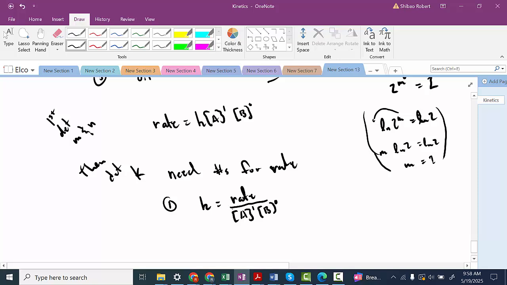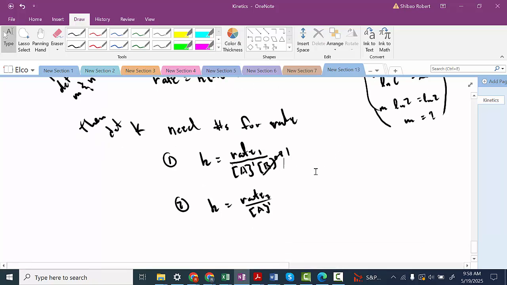So this is just rate over A1, and so this is going to be rate 1. All the K should come out the same because it's the same reaction, and so this K from data from 2 should be the same as the K from data from 1. So this is going to be rate 2 over A to the first. B to the 0th is just 1.